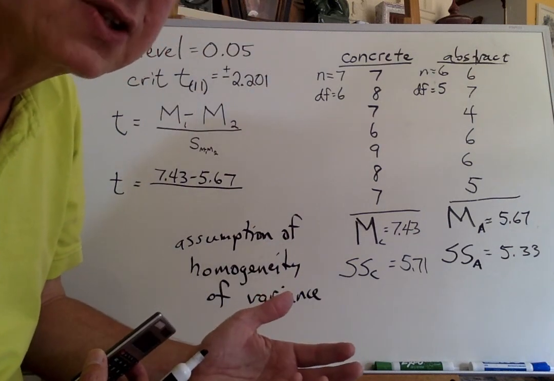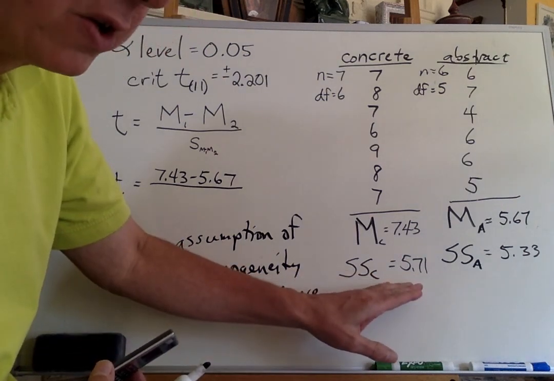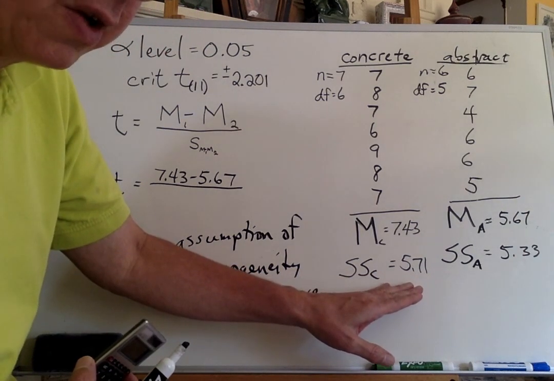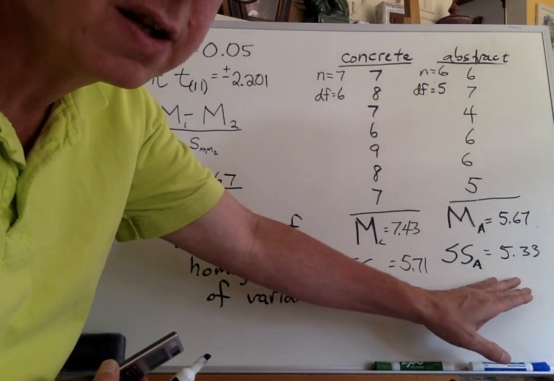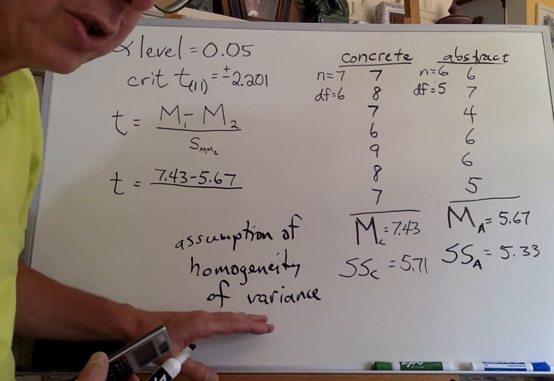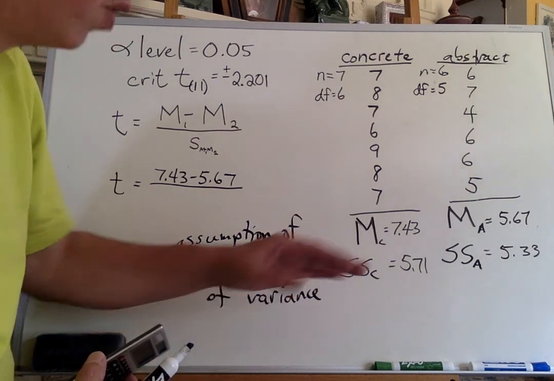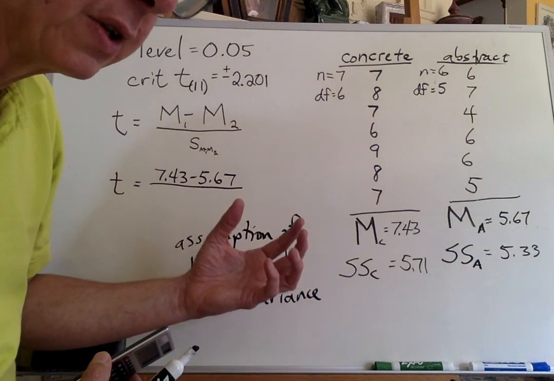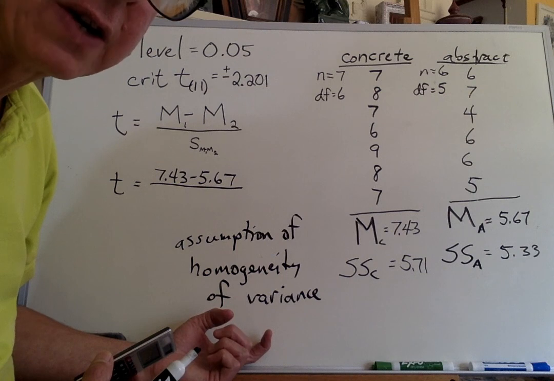If that assumption is violated, I mean, if we had a sum of squares here of 265 and a sum of squares here of 13, then this assumption might not be valid. What we do in a t-test relies on the assumption of homogeneity of variance. Okay?